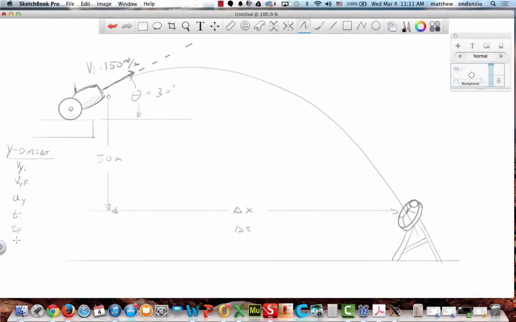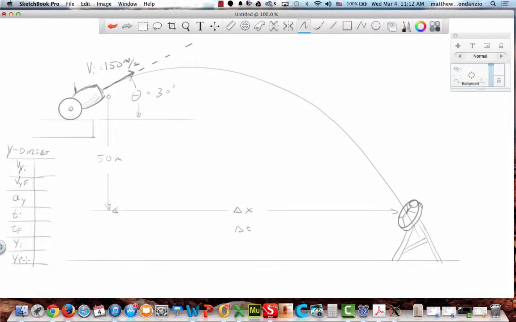What else am I looking for? Velocity, acceleration, time, distance, my position, my y initial and my y final. So I can look at all of my variables. It's a lot of variables.